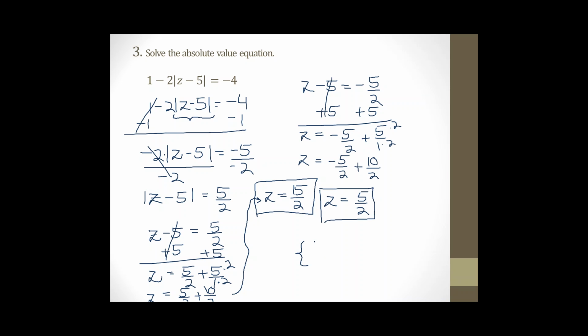Usually you write your solutions to an absolute value equation like that, and in your test make sure you write the smallest fraction or smallest integer first. In this case, the smaller of the two fractions would be 5/2, and then 15/2.